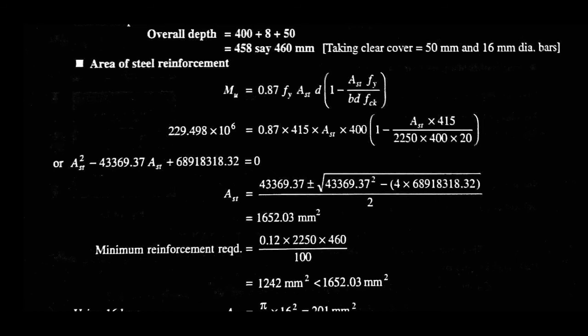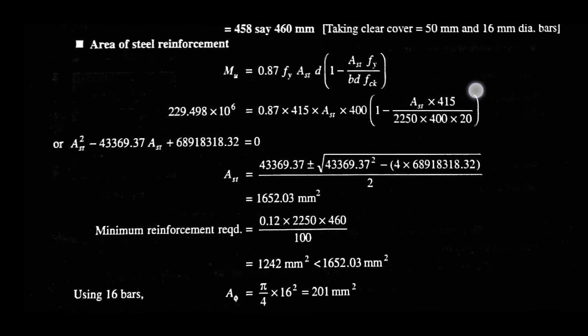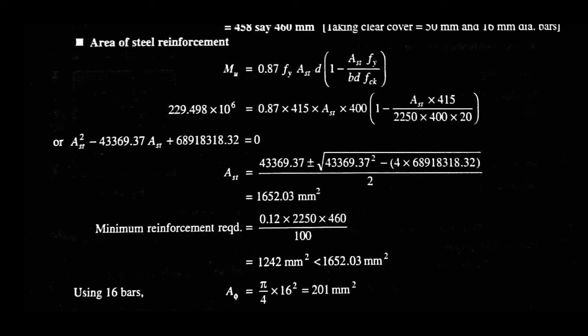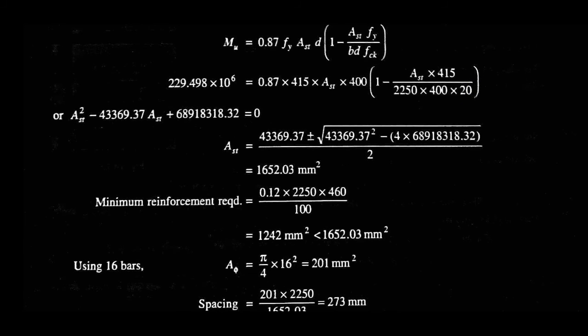Now this much area of steel is required, so minimum reinforcement required is 0.12% of area. So 0.12 into 2250 into 460 by 100, that is equal to 1242 mm square, that is less than 1652.03 mm square.